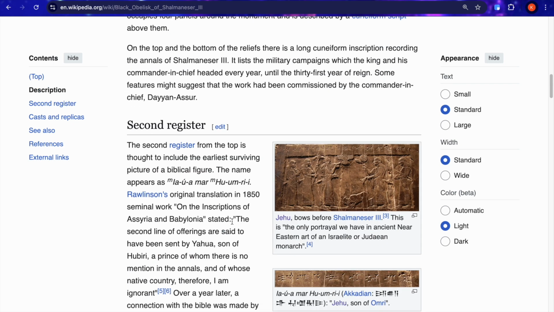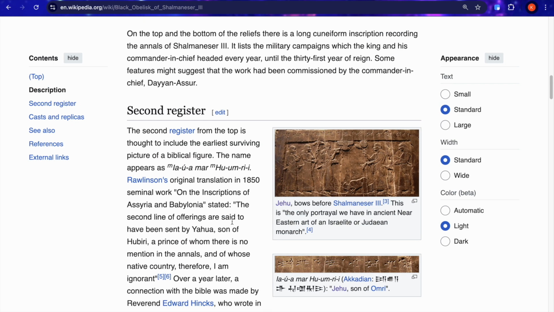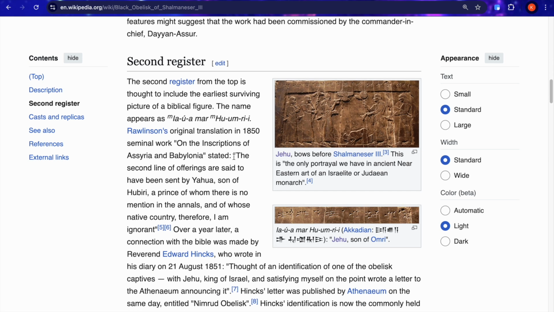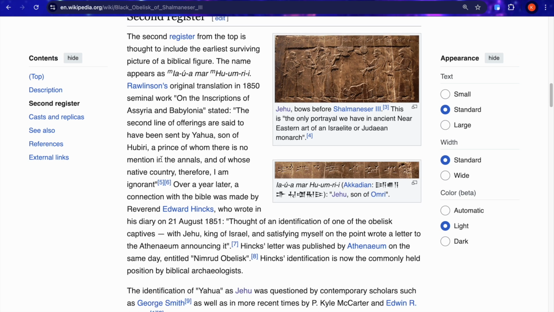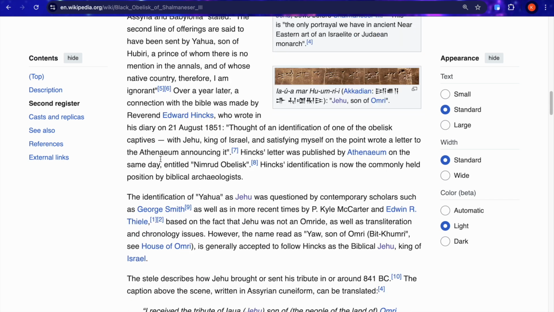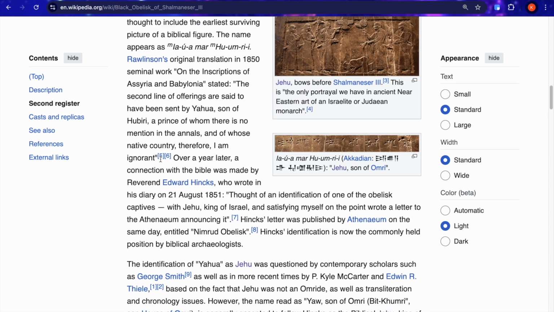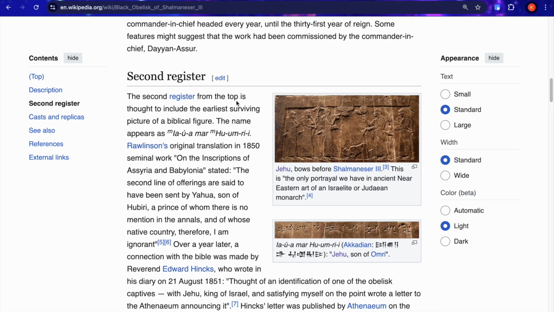Let's see if there's any more on here. Okay, yeah, let's take a look. It says the second register from the top is thought to include the earliest surviving picture of a biblical figure.